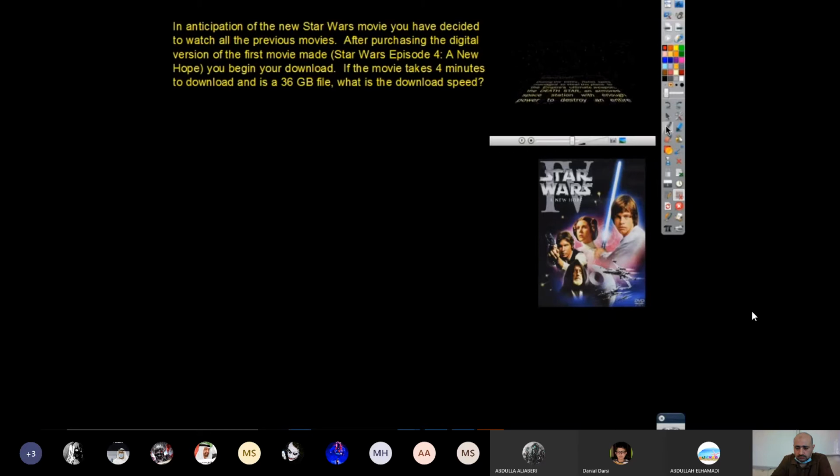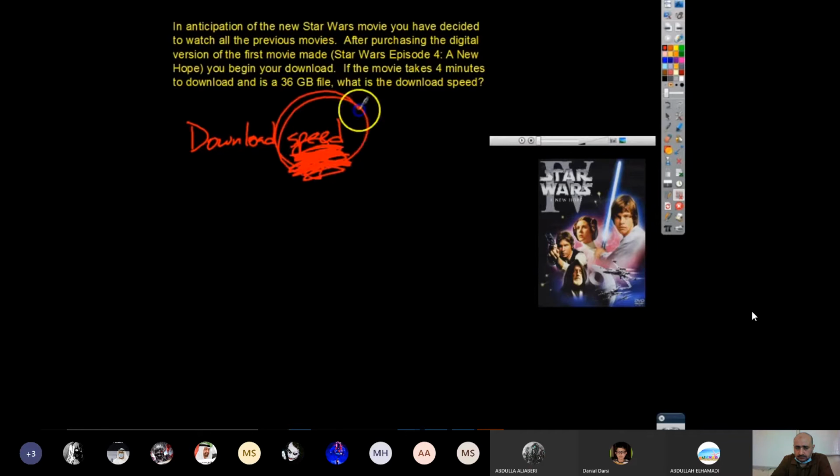Well, when we talk about download speed, if you see speed, that's always going to talk about per second. So in this case, it's a download, and we're not talking about a car speed or a distance speed.